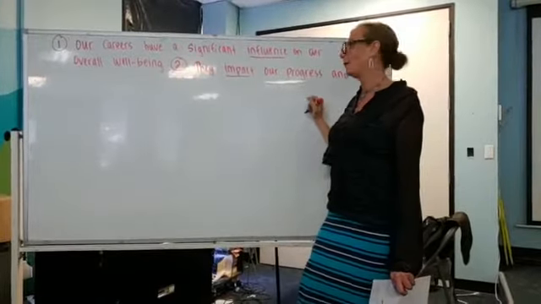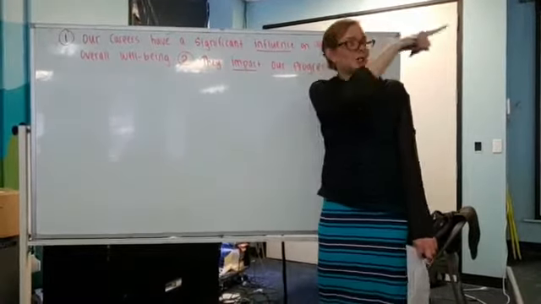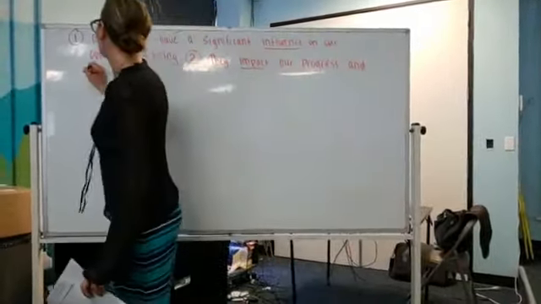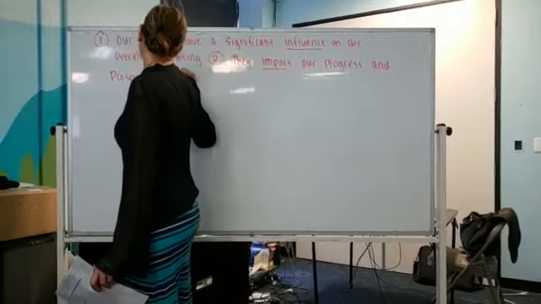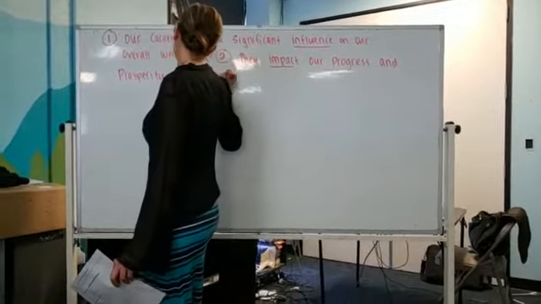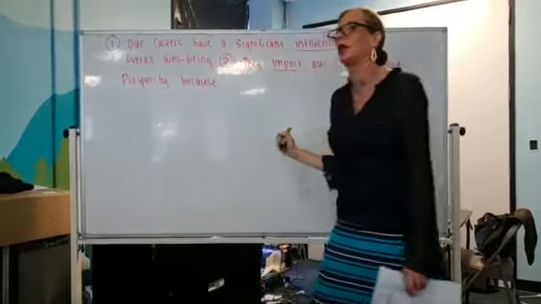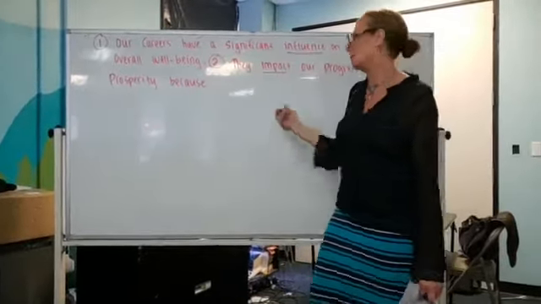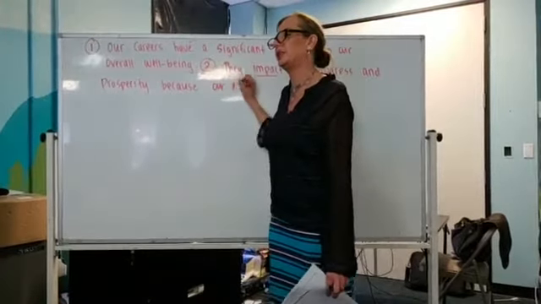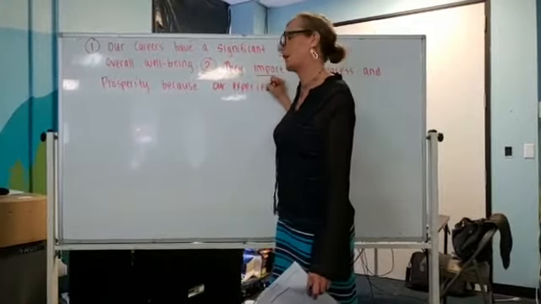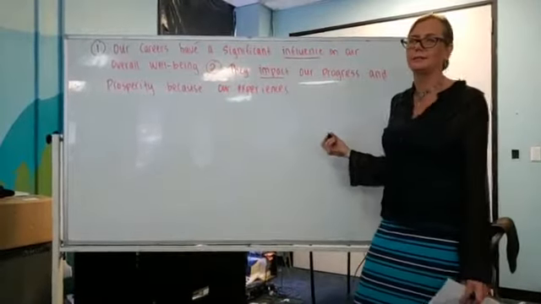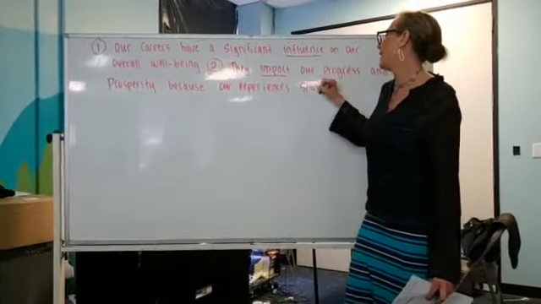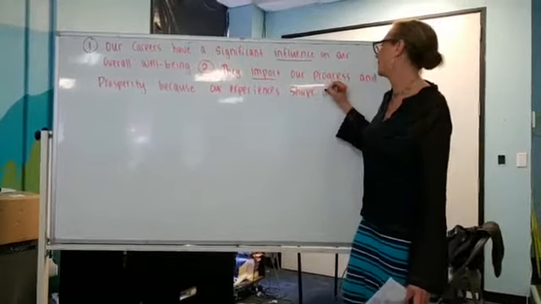Prosperity. Good. They impact our progress and prosperity. And I always like a little because here. Why do they impact our progress and prosperity? Because, I don't know, our experiences shape our reality? Is that true? Do what we experience in life shape our reality? Yes. They do.